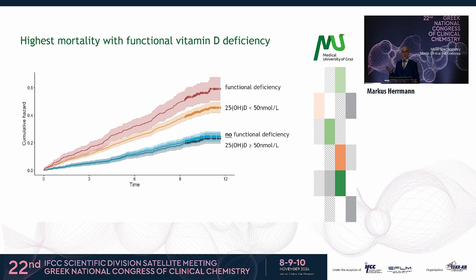All-cause mortality was highest in individuals with functional vitamin D deficiency, 48%. And in this group, all-cause mortality was significantly higher than in the group with only a deficient 25-hydroxyvitamin D concentration. So clearly, there is a clinical correlate of this metabolic approach. It seems to have relevant benefits.